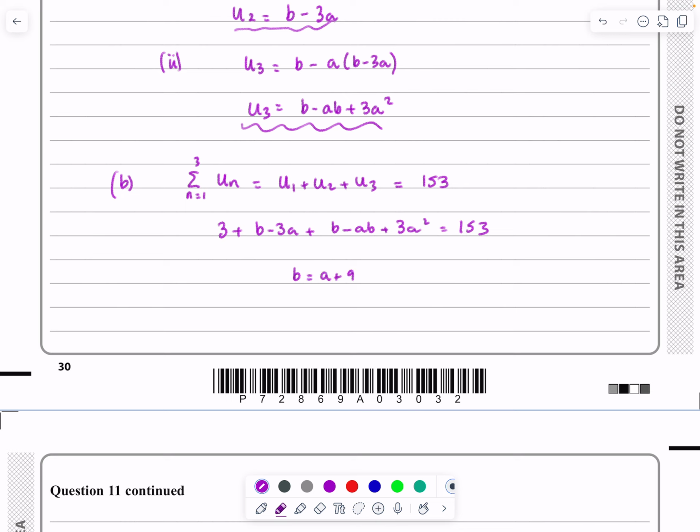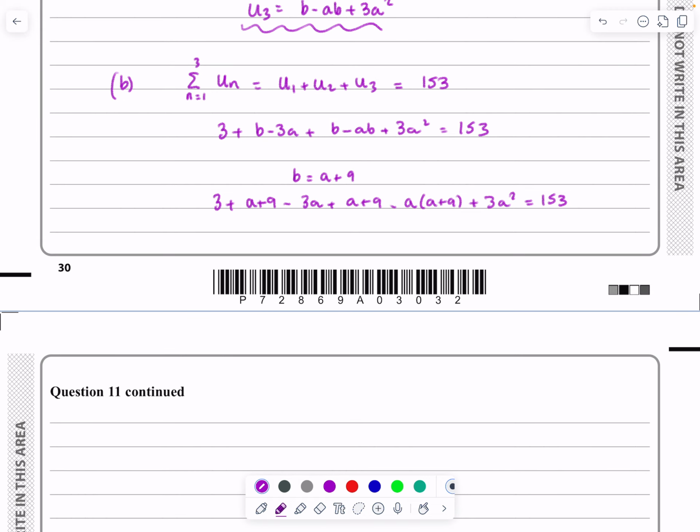That was the second thing they told me, so I can substitute that in as well. So I'm going to get 3 plus B minus 3A plus B again, minus A times B plus 3A squared equals 153. Now that is going to tidy up to that quadratic.